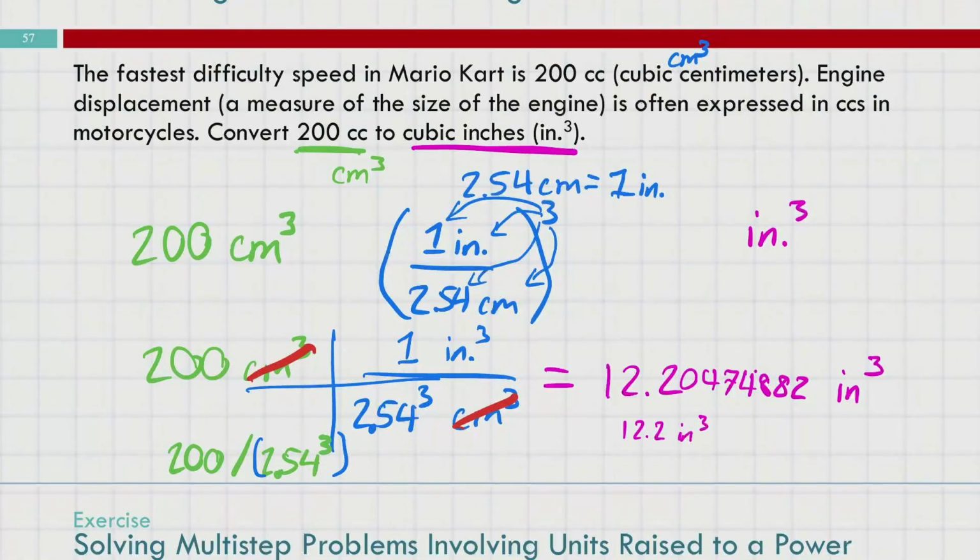Assuming all those zeros are significant, it'd be 12.2 inches cubed. If they're not, then we get the very silly 1 times 10 inches cubed for one significant figure. It's one of those two, but the significant figures part isn't important here.